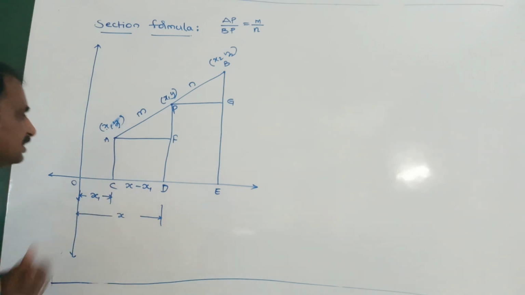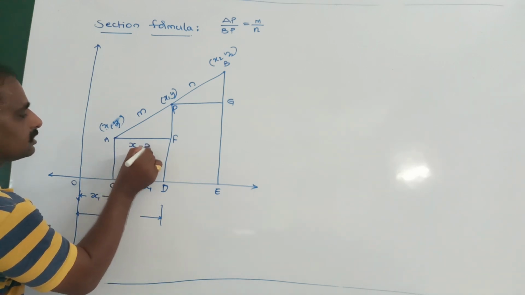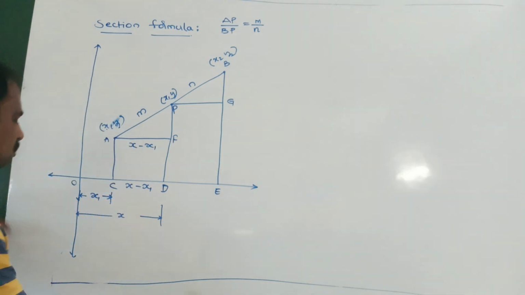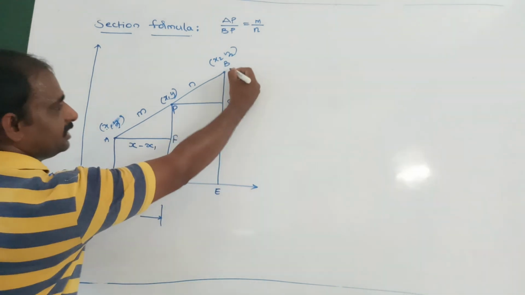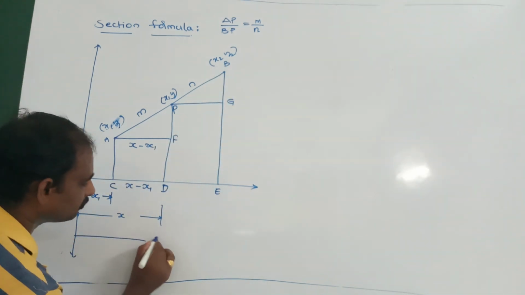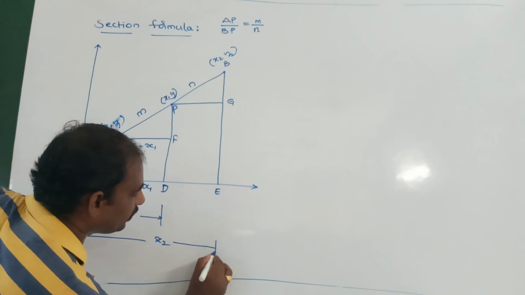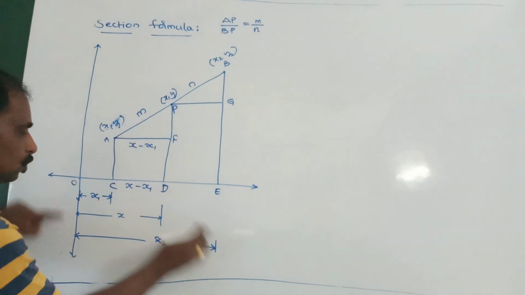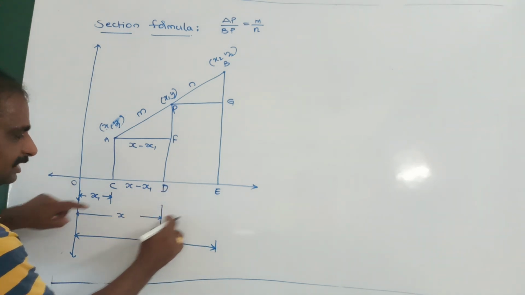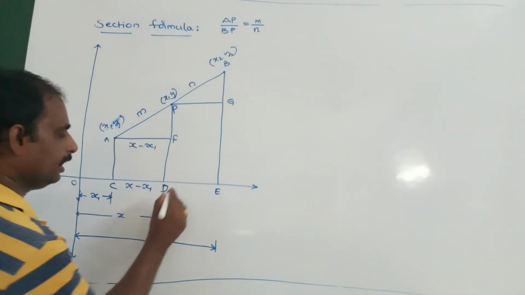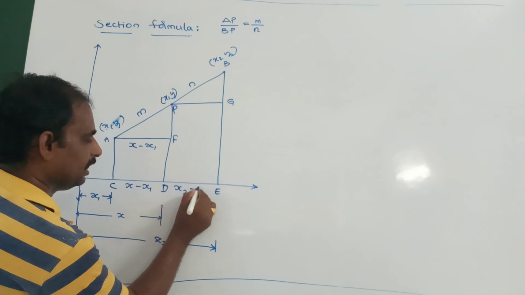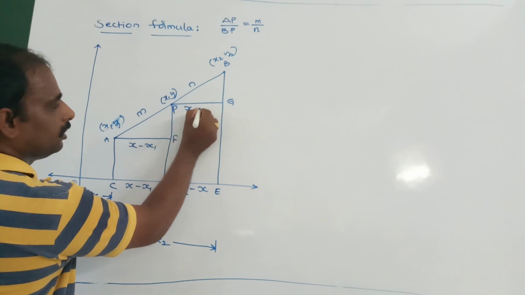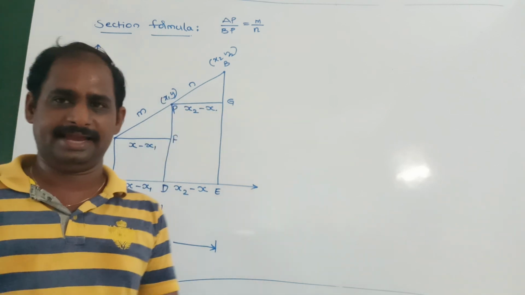If it is x minus x1, this one also will be x minus x1. In the same way, the point E is x2 y2, that means the distance from O to E is x2. O to E is x2, O to D is x, then DE becomes x2 minus x. If it is x2 minus x, this one also will be x2 minus x.